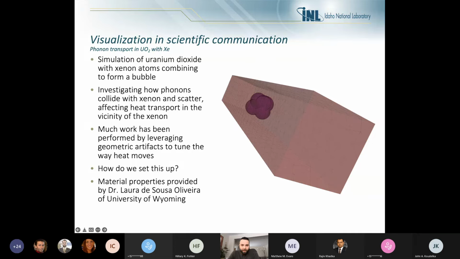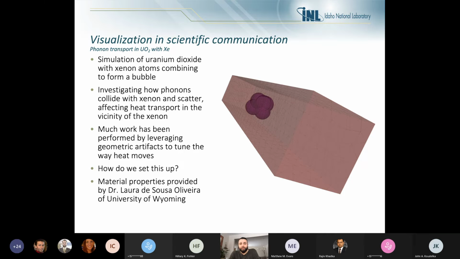So this box right here is a simulation cell we use in Boltzmann. The little cluster in the center is a snapshot in time of xenon atoms combining to form a bubble that phonons will scatter off of. We find, and we'll show you, that this xenon bubble is responsible for a ton of reduced thermal conductivity in the simulations.